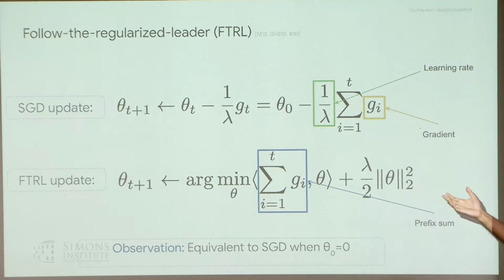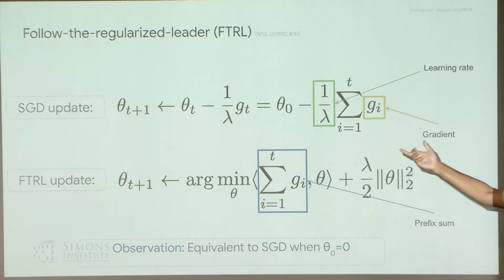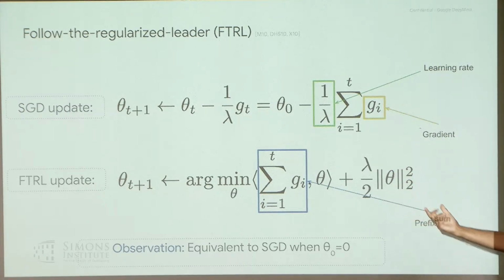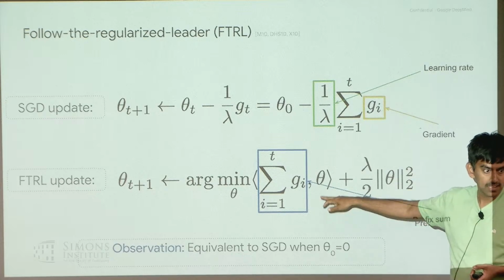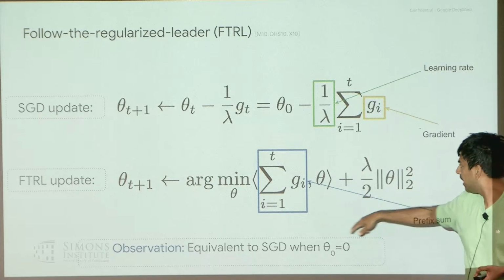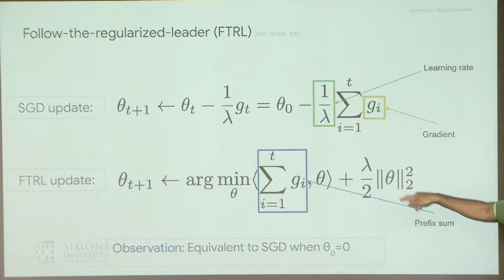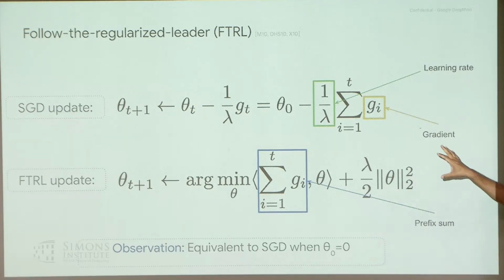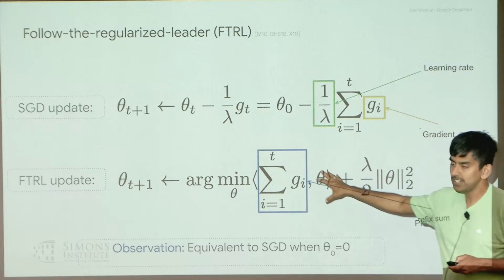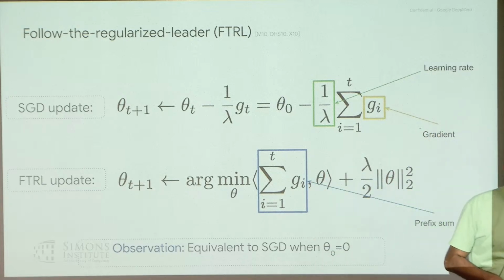The FTRL update says that instead of doing an SGD update with the gradients, I can take the prefix sum of the gradients, have a linear function on top of it and an L2 regularizer, and minimize that. Without constraint sets, these two updates are equivalent if the initial state is assumed to be 0. What I want you to remember from this slide is that you really care about the prefix sum of the gradients you have seen so far.